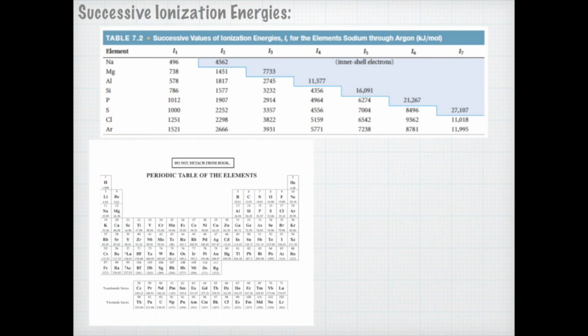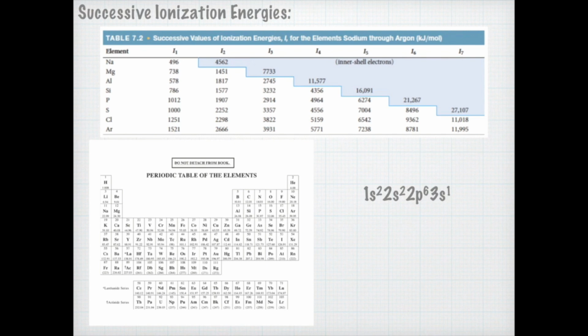If you look at the periodic table and consider the electron configuration of sodium, sodium is 1s2, 2s2, 2p6, 3s1. If you remove that first electron, that's in the outer shell of electrons, and therefore it's going to be easier to remove because it's farther away from the nucleus. It has a lower effective nuclear charge, and therefore it's very easy to remove that electron.